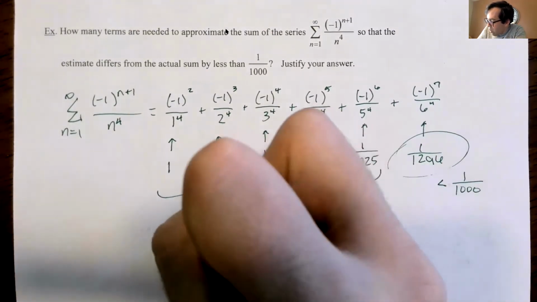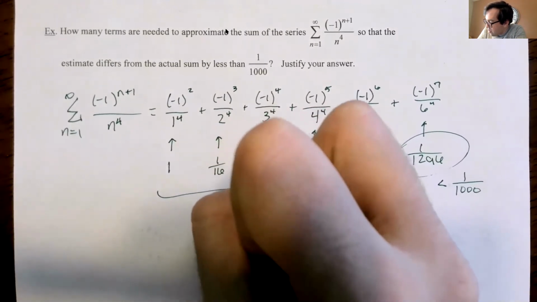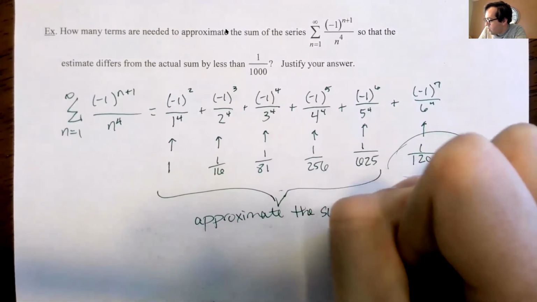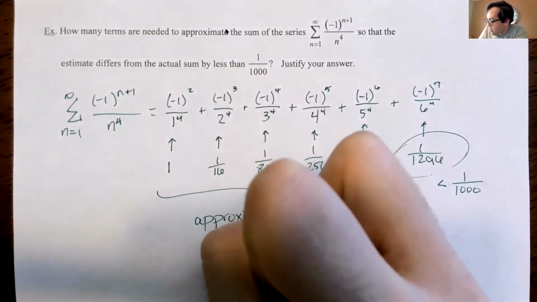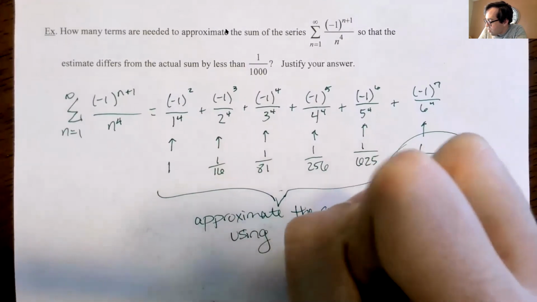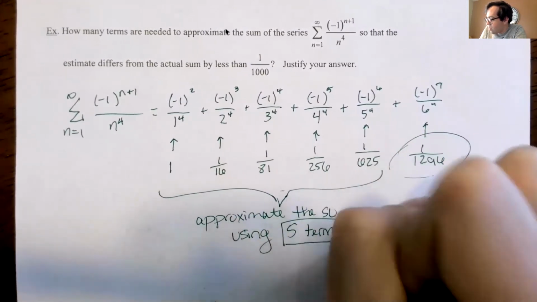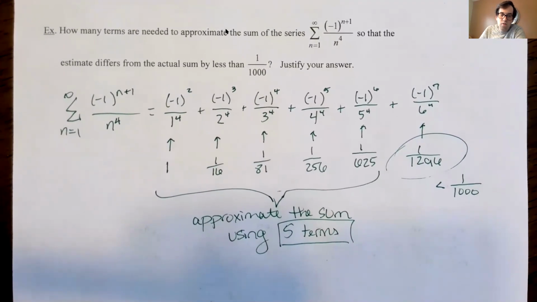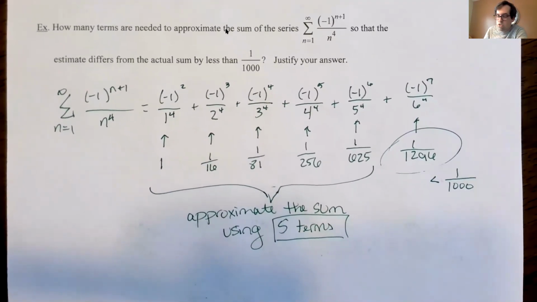We would say we want to approximate the sum using 5 terms. And then the next term is the error bound, which is less than 1 over 1,000. So that's how we do that question.